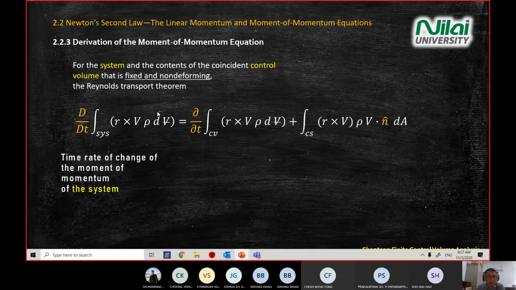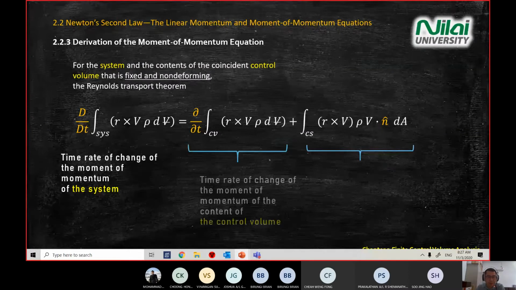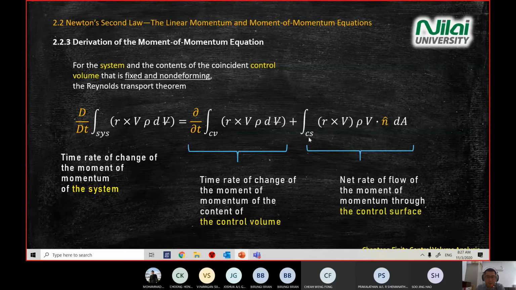Again, we are looking at the momentum equation, but we have an r inside our equation here compared to the previous one, compared to our linear momentum. So this is a moment of momentum, with the control volume denoted by CV and the control surface denoted by CS.